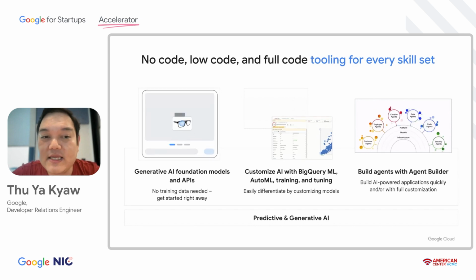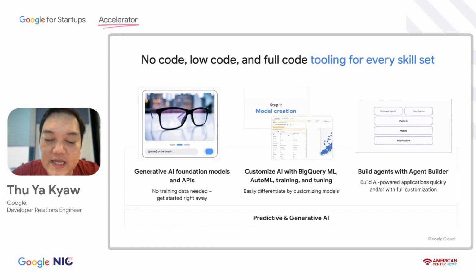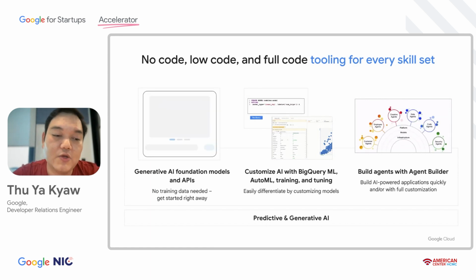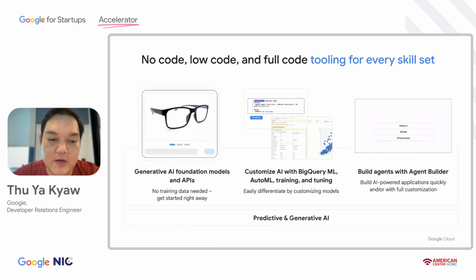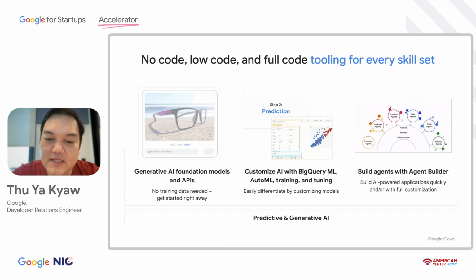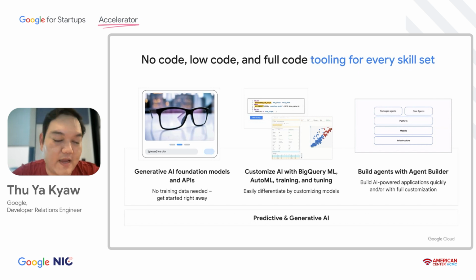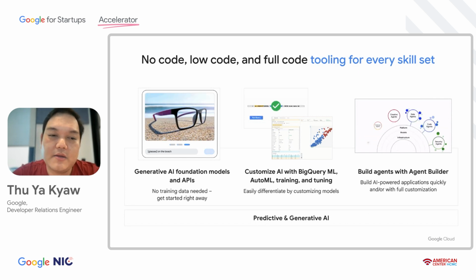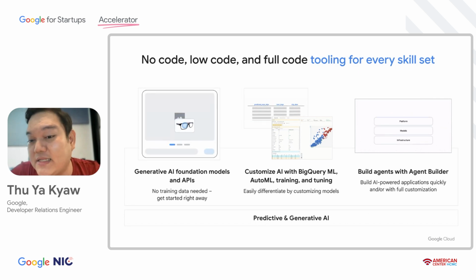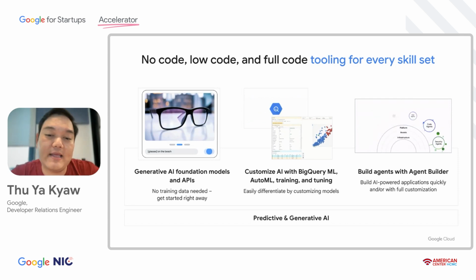And I'm not saying that no-code or low-code is always the better solution, because sometimes, even for startups, you have to go full code because your niche or offering might involve customization or fine-tuning. Maybe you are offering something that other competitors cannot offer, so you have to go full code and build the whole pipeline as well.